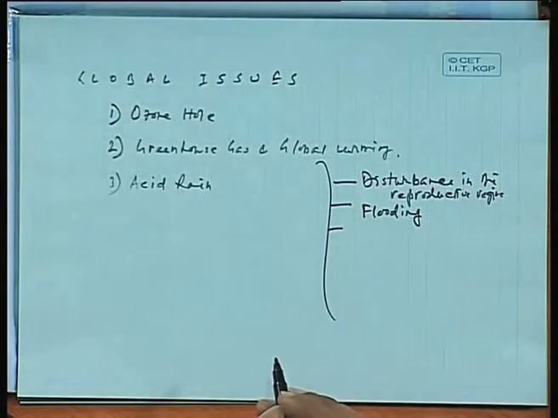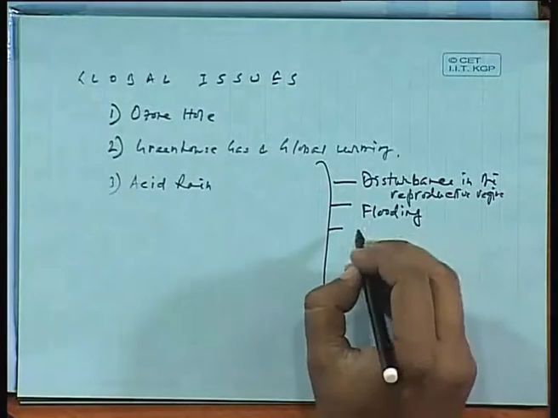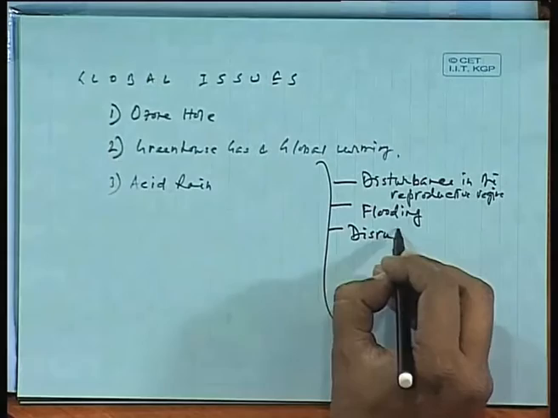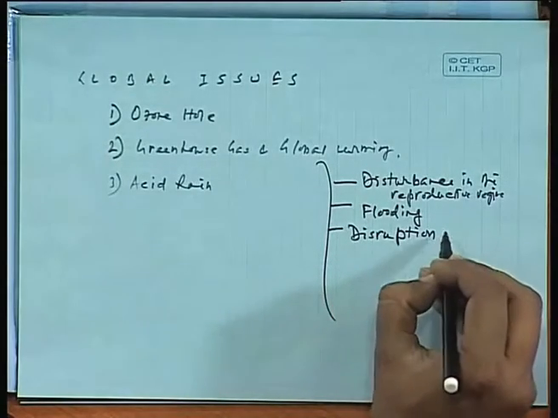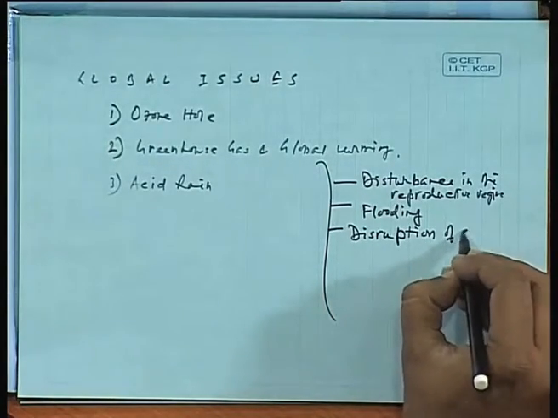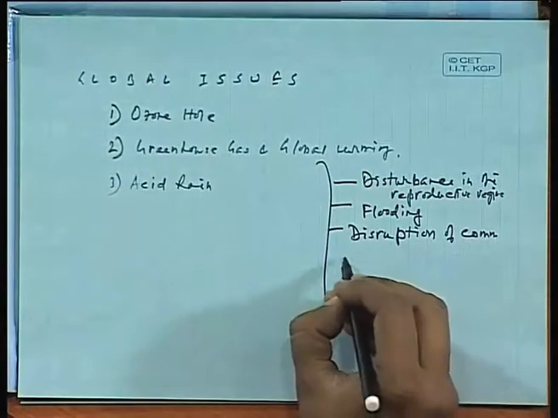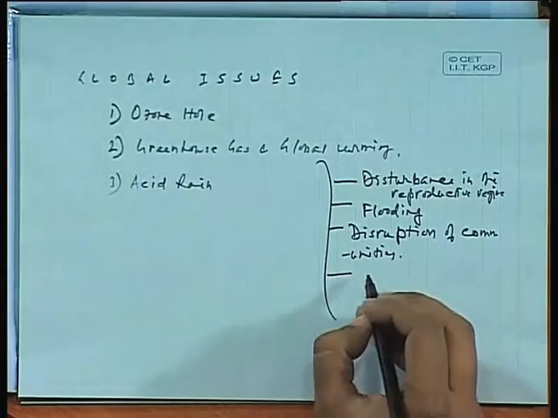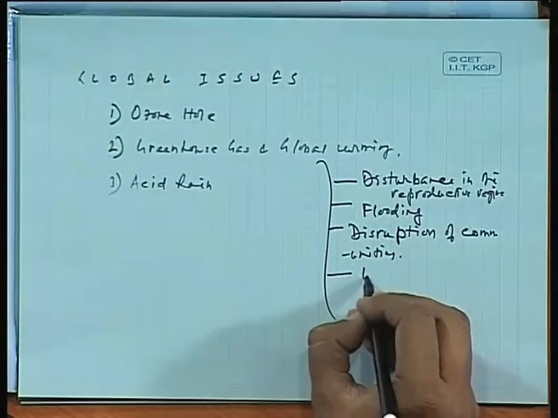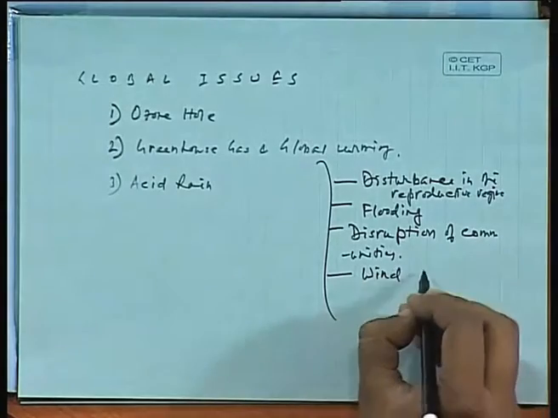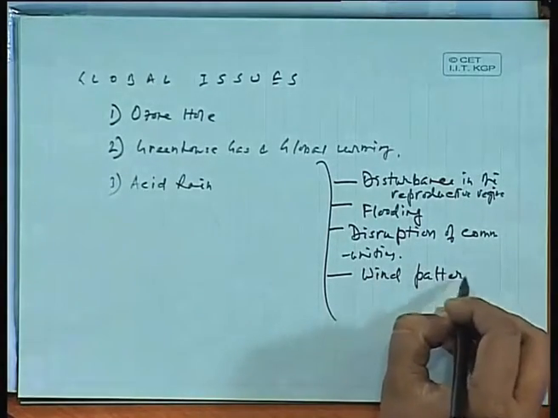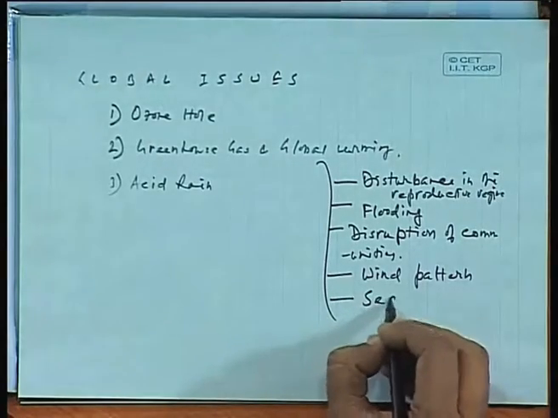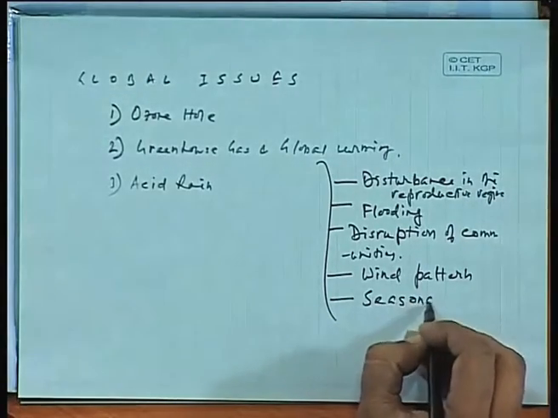Flooding is one aspect. Disruption of communities. Then wind pattern, change in the wind pattern, then seasonal fluctuations, increased seasonal fluctuations.